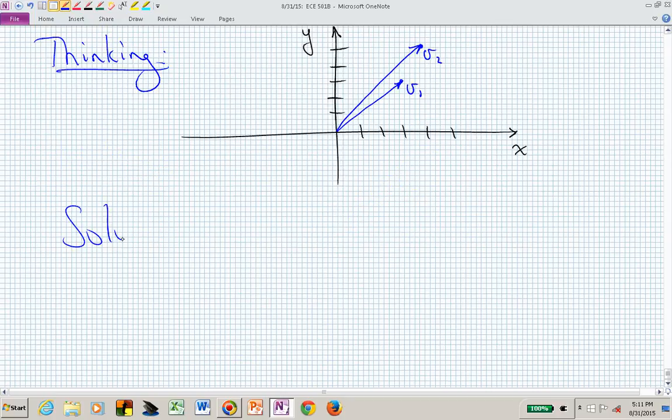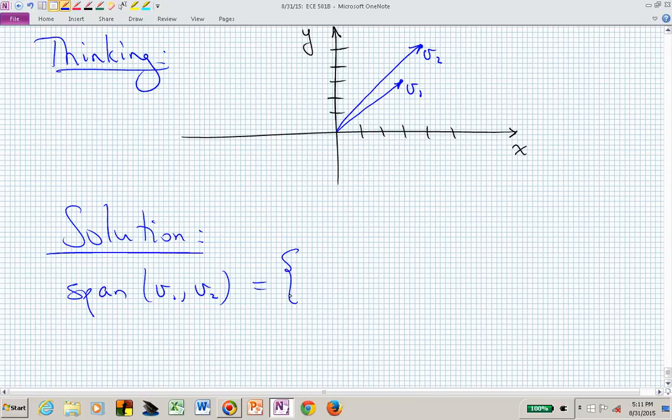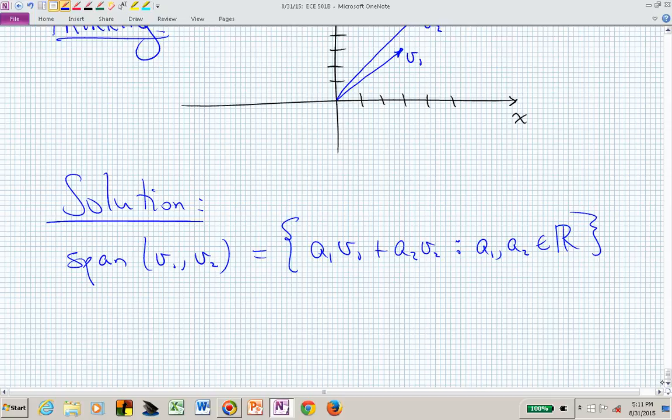Where our solution would be as follows. The span of v1, v2 is a1 v1 plus a sub 2 v sub 2, where we're taking a1 and a2 to both be any real numbers.